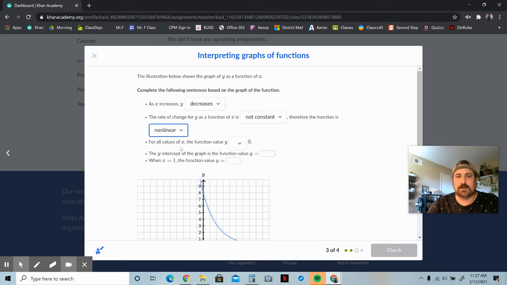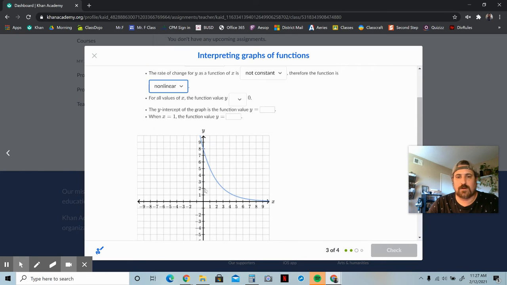For all values of x, the function value y is always up here, right? It's never going to be below this line. So that means for all values of x, the function value of y is going to be greater than or equal to 0. In other words, y is always above the x-axis, no matter where you put x.